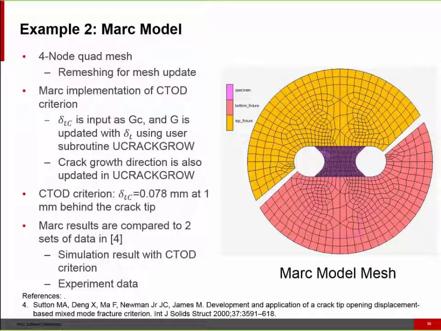The Marc results are compared to 2 sets of data. The first one is also a simulation result, from another simulation also using the CTOD criterion. The second one is the experiment data. Both data are reported in the literature.